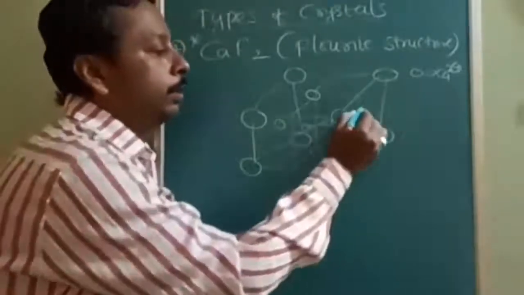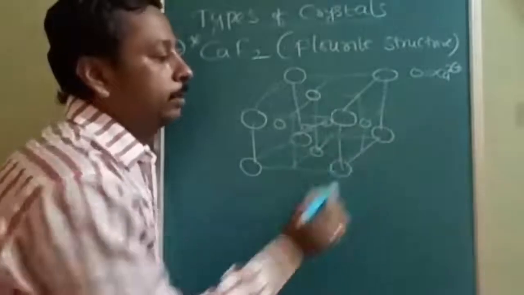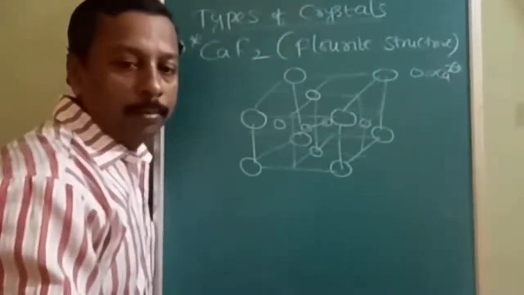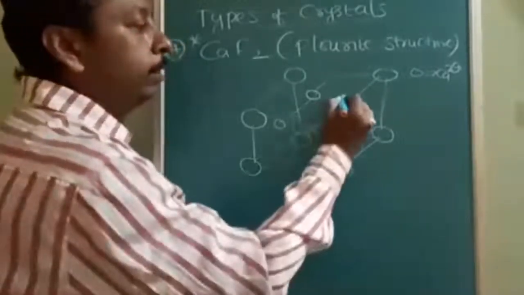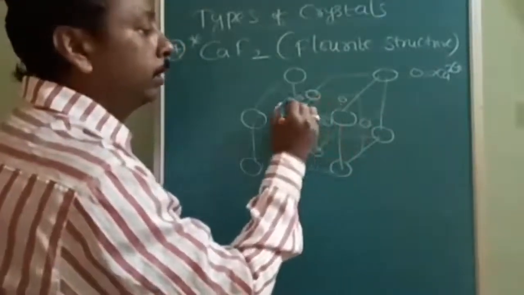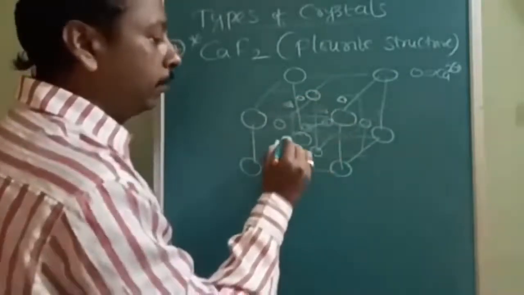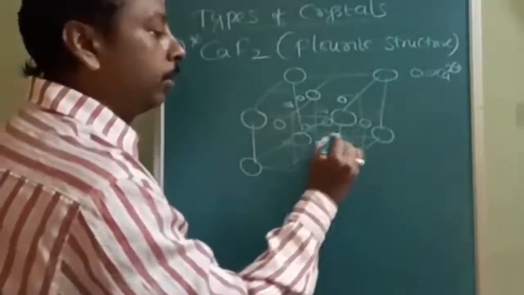So here, previously it was only alternate, but now it will be everywhere. So here, here, here, diamond I will draw. So 4 at the top and 4 at the bottom body centers.